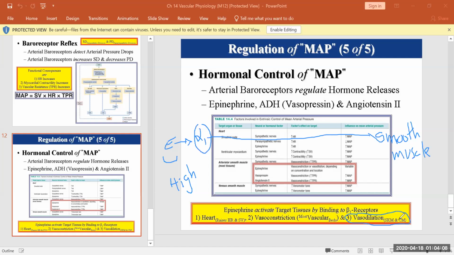So when you have high epinephrine running around and they start to activate alpha 1, the response is vasoconstriction, number 2 here. That's why I said most vascular bed, not including skeletal muscle and cardiac muscle. Epinephrine will cause vasoconstriction under high concentration.